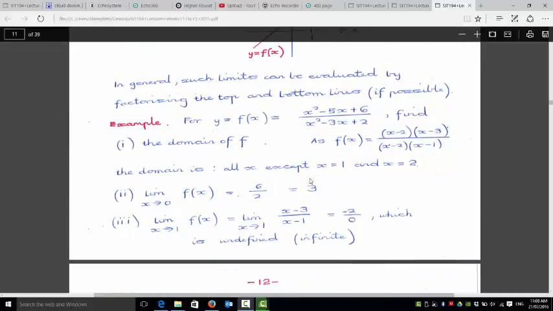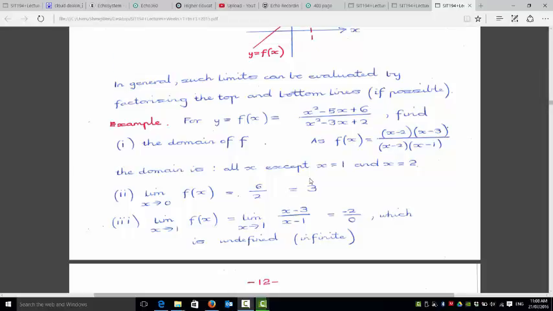We can go for another example. f(x) is equal to x squared minus 5x plus 6 over x squared minus 3x plus 2.